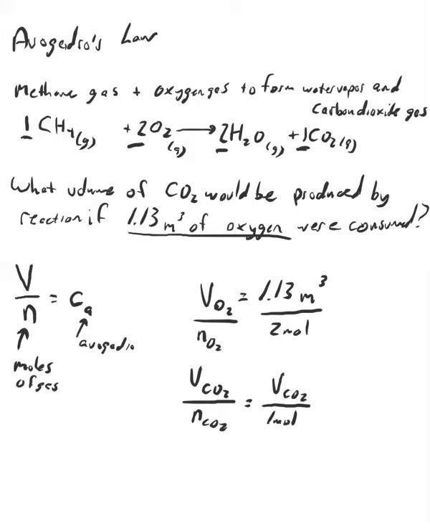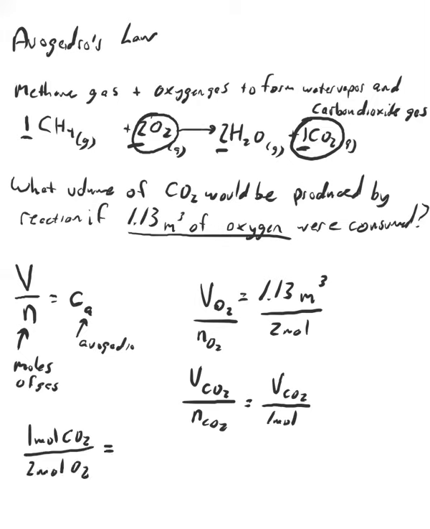So what I'm going to do is I'm going to say the following. Every time you've got 2 moles of a gas here, you're going to get 1 mole of a gas here. So it's 1 mole of CO2 for every 2 moles of O2.